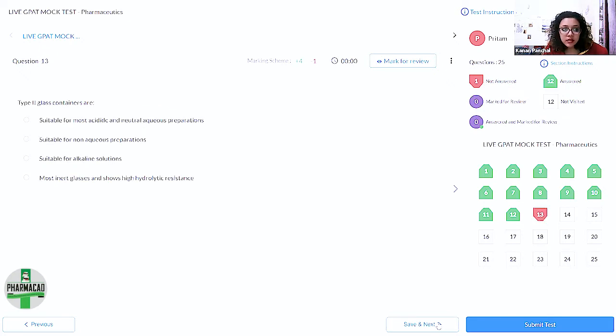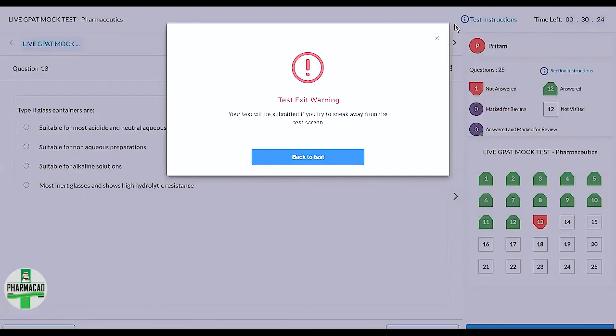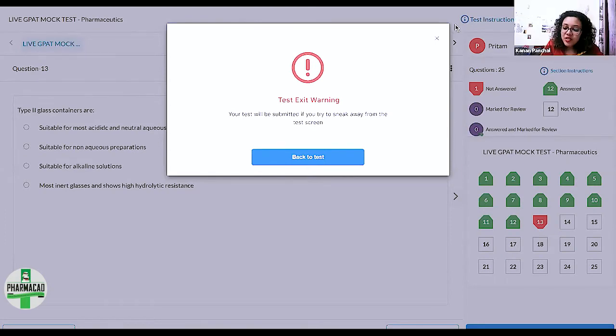Okay. Type 2 glass containers are... Option A. Who's this? Sony. Yes, ma'am. Why are you speaking out of turn? Sorry, Ikra. Yes, ma'am. Ma'am, I think option A. First of all, please stop saying I think.